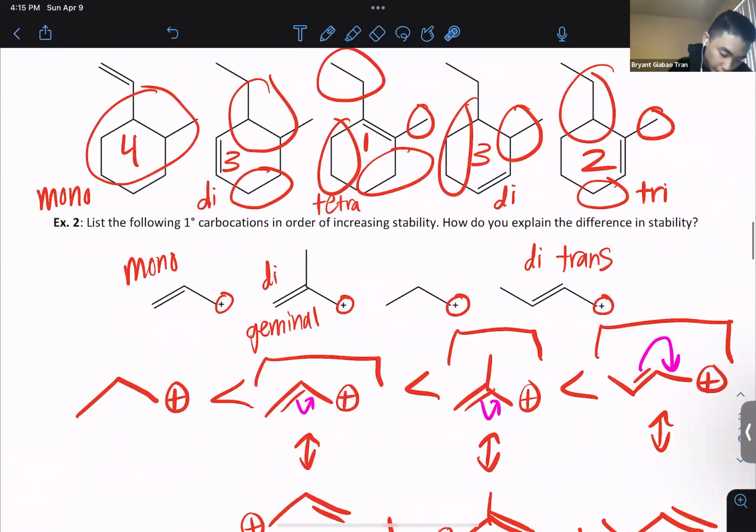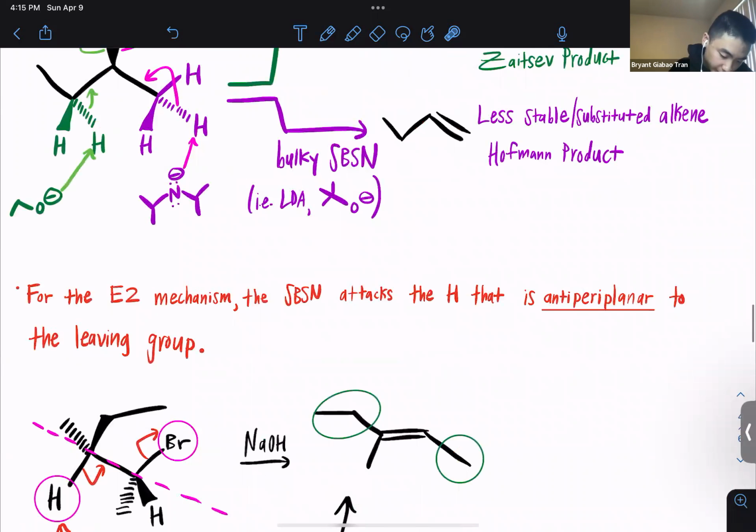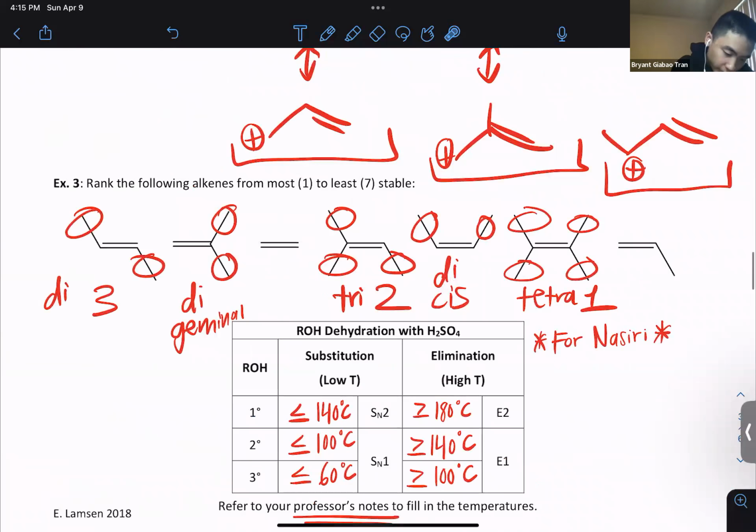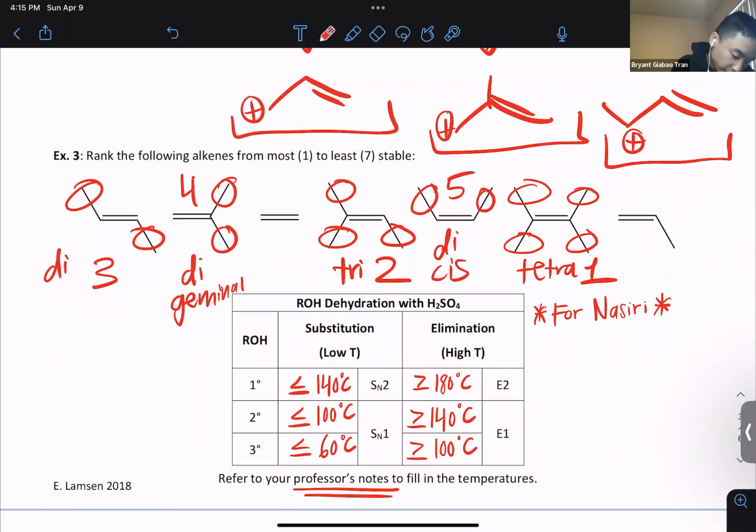So we're going to say that the geminal 4 is going to be similar in stability as the cis alkene 5.